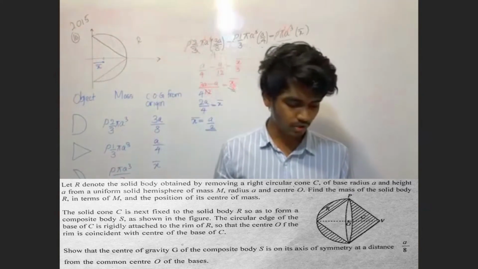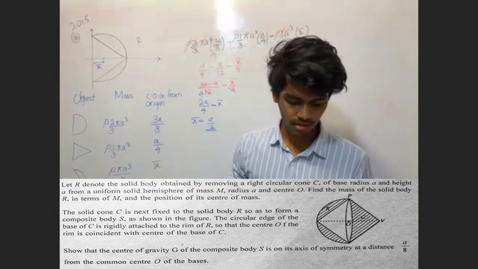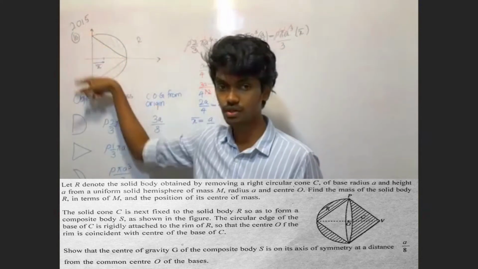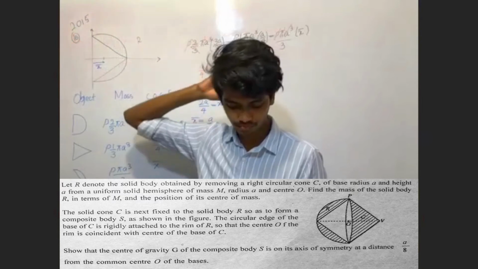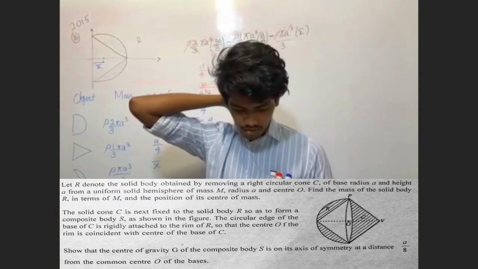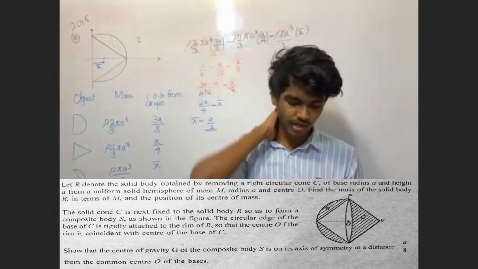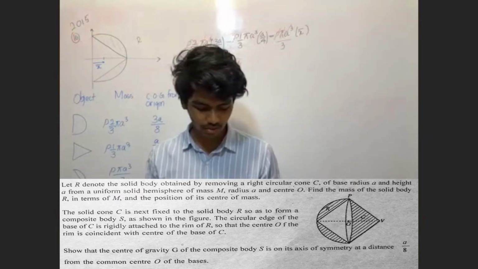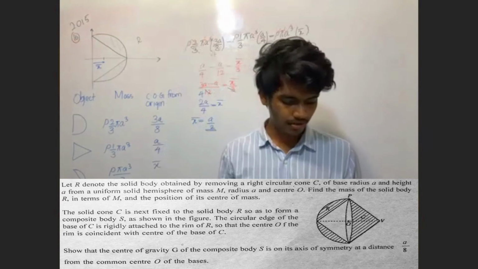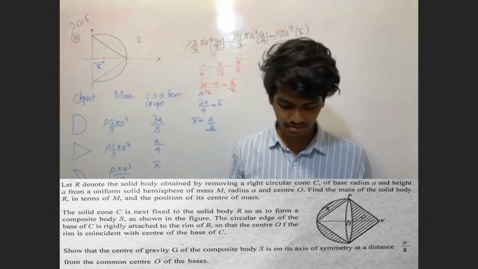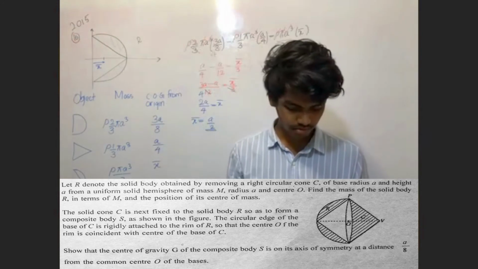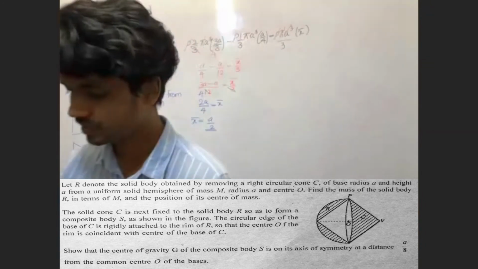The circular edge of the base of the cone C is rigidly attached to the rim of R, so that the center of gravity of the body S is at a distance from the common center of this.